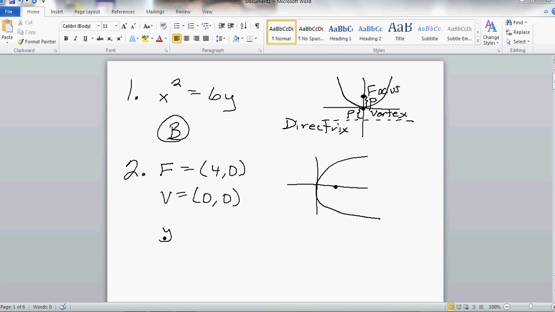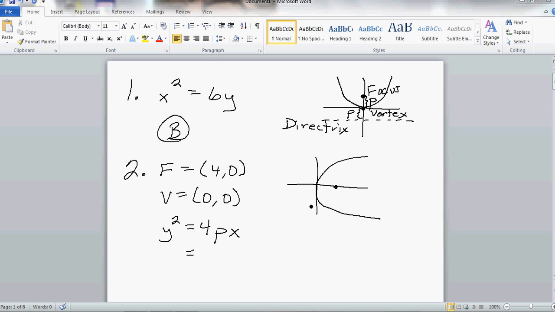So what we get is y squared equals 4px. If it were an x squared, it would be x squared equals 4py. But in this case, we need to wrap it around this way, so it'll be y squared equals 4px.